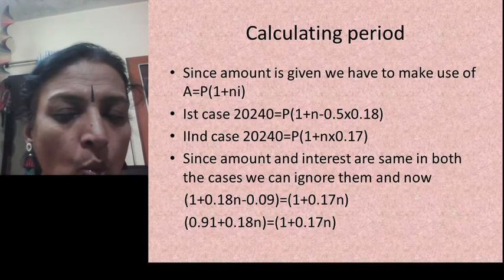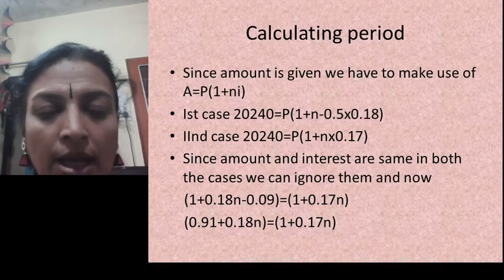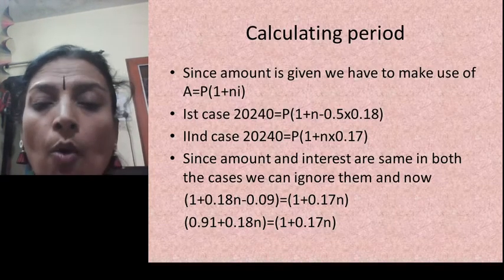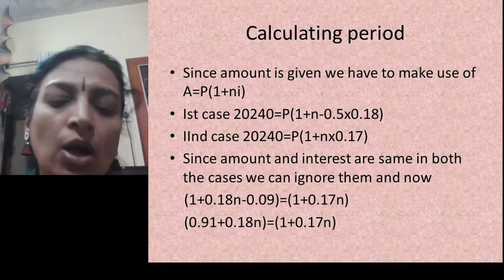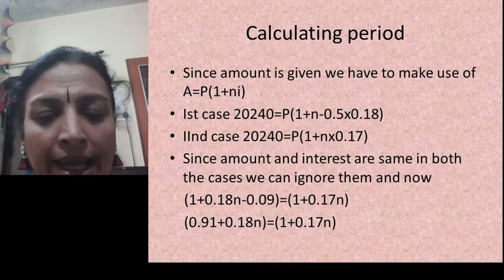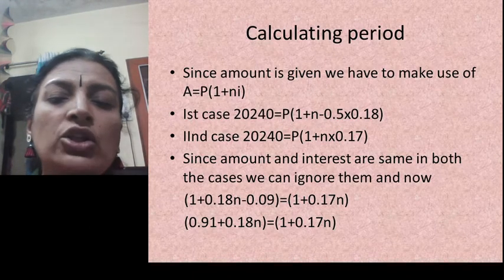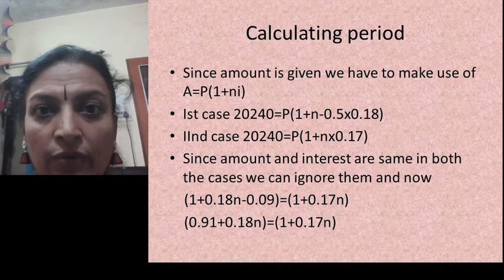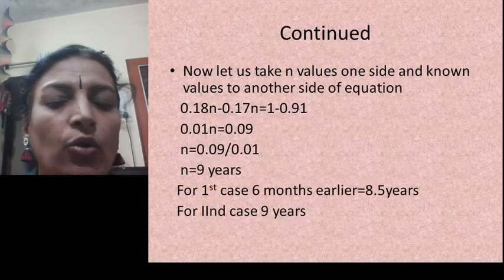So here 1 and minus 0.09, the answer is 0.91. 1 minus 0.09 becomes 0.91 plus 0.18 n. Now you have to take the terms with n to one side of the equation and the known numbers to the other side.